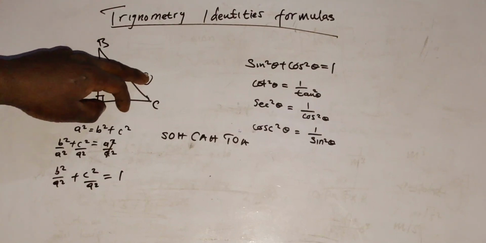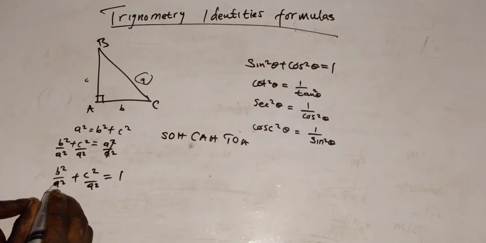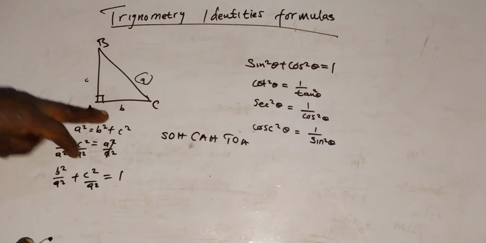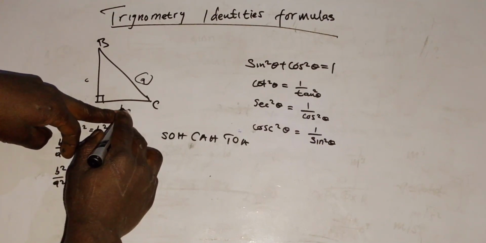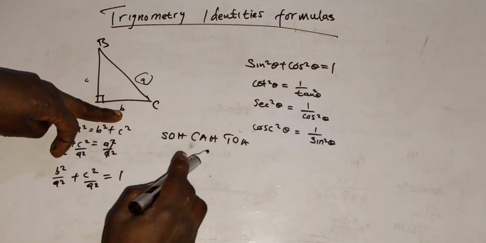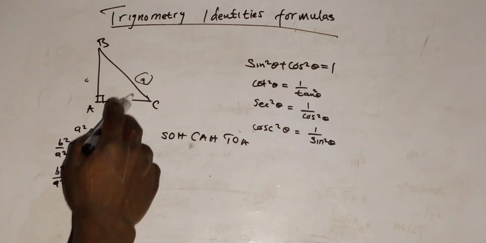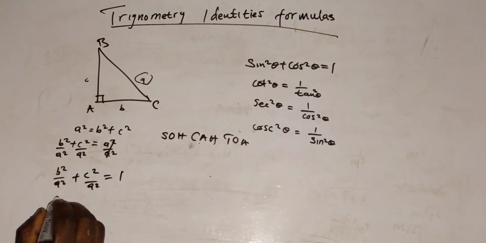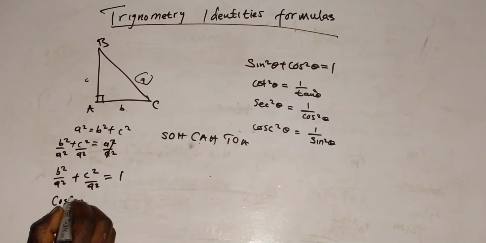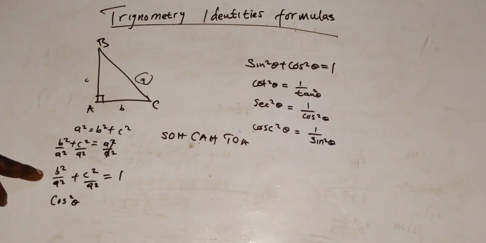Then b squared over a squared, b squared, which is adjacent over hypotenuse, which is cos squared theta. Okay, this is what I'm saying here.